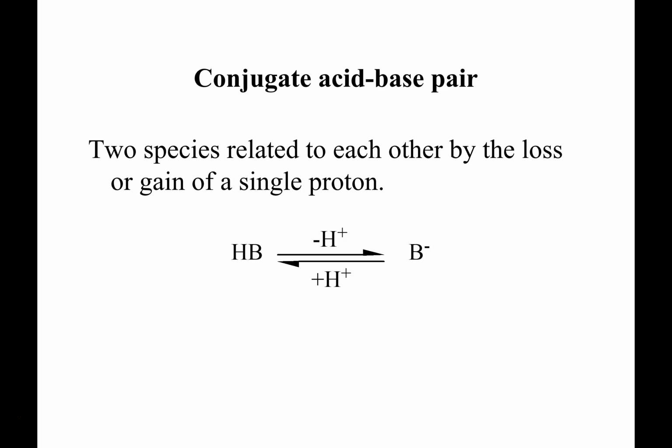For instance, remember HB looks like a weak acid, a proton donor. Remember the B doesn't mean boron, it just means something else. It kicks off its proton, and it gives us the B minus. The B minus accepts a proton and turns back into HB.